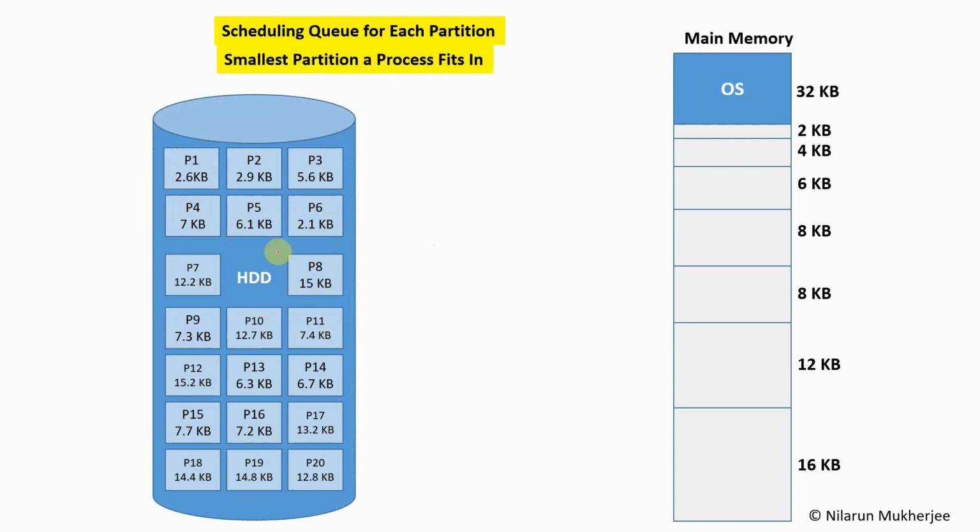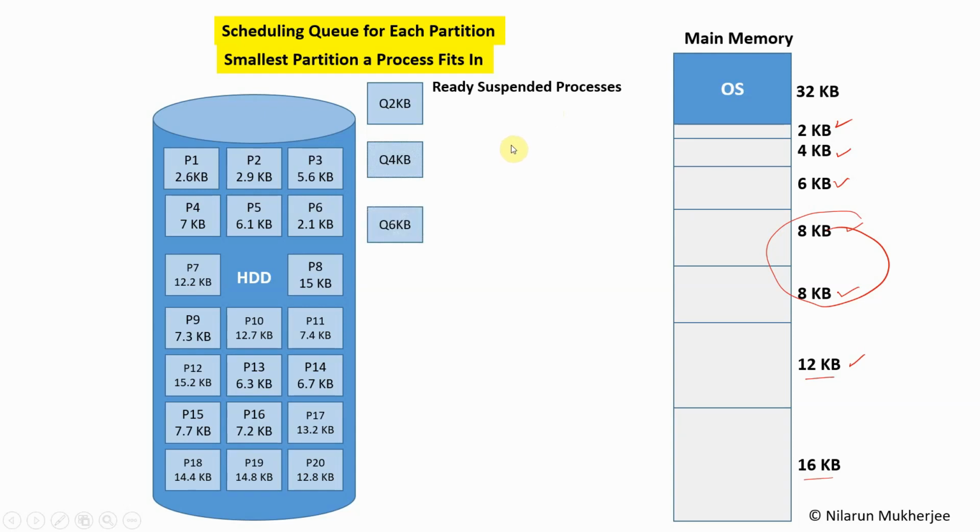First, suppose for the new processes we maintain a queue for 2 kb, a queue for 4 kb, a queue for 6 kb, a queue for 8 kb, and the two 8 kb partitions share a single queue, then another queue for 12 kb, and 16 kb will have another queue. So we have different queues.